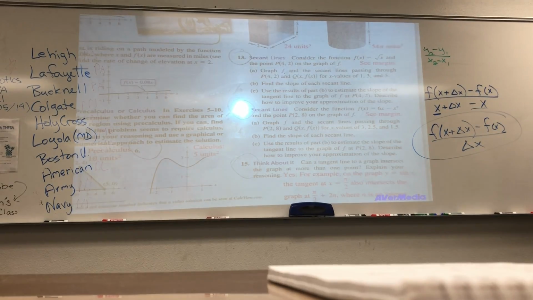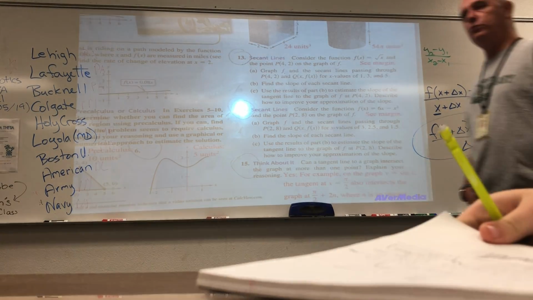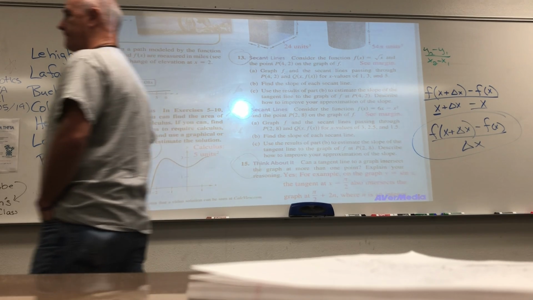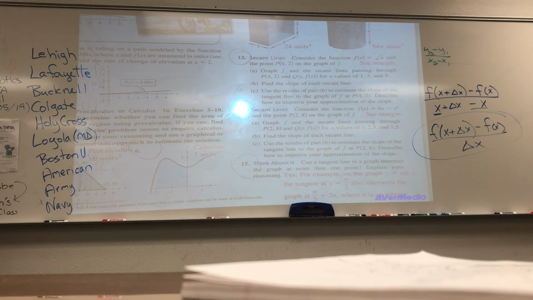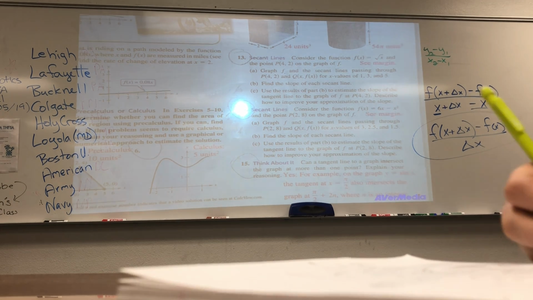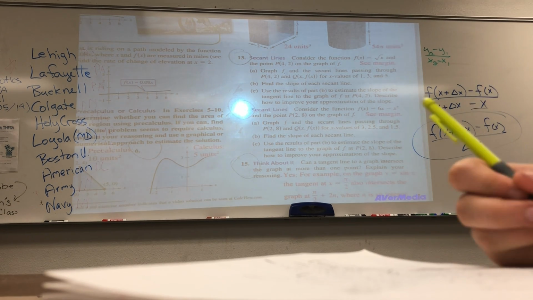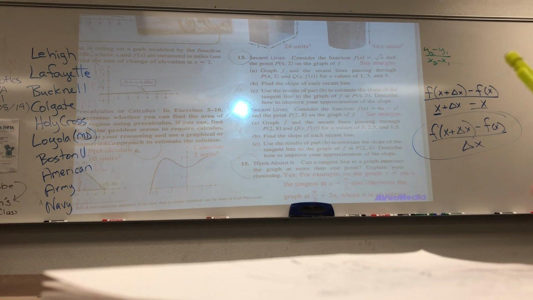That's the type of thing that we're going to do here. For now, we're using the information that we talked about today to help guess. And the smaller we make our delta x's, you'll see, the better our guesses will be. Okay? Questions?